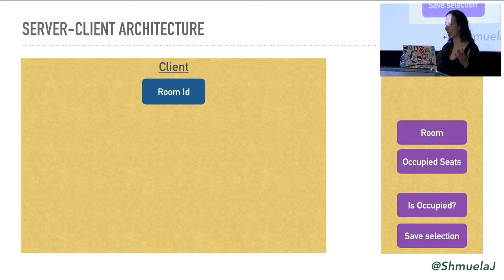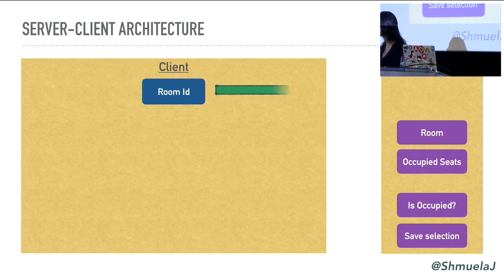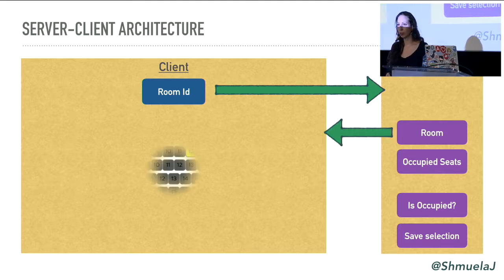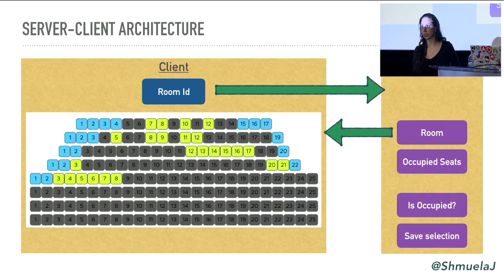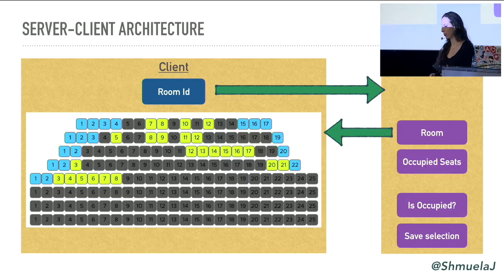Our first source of truth here is the room ID, which comes from the route parameters. We send the ID to the server, and we get back the data about the room: how many rows we have, how many seats in every row, what seat type we have.